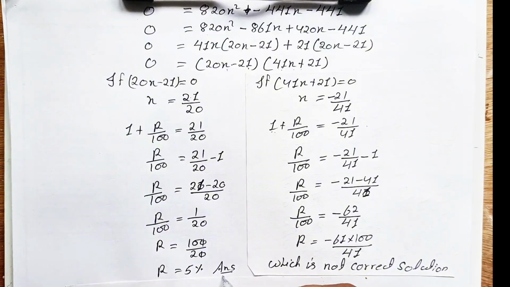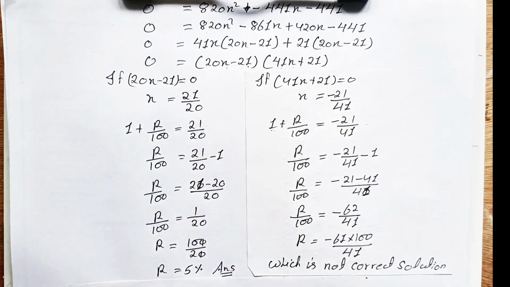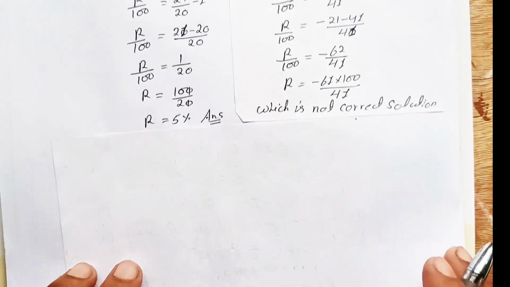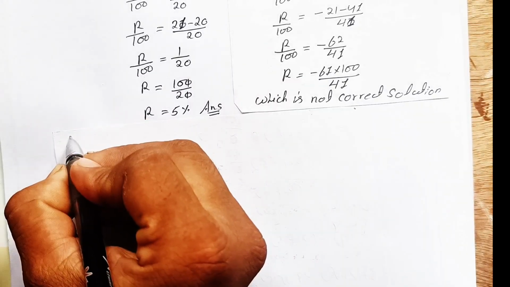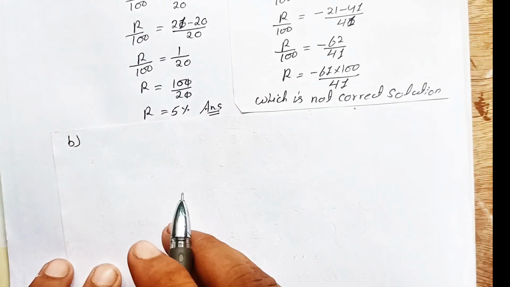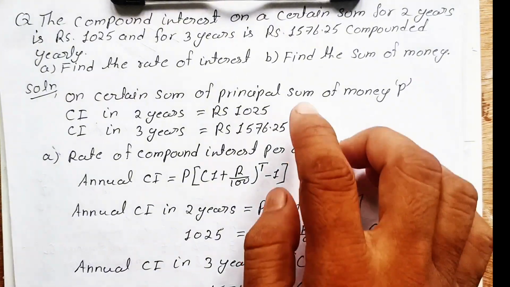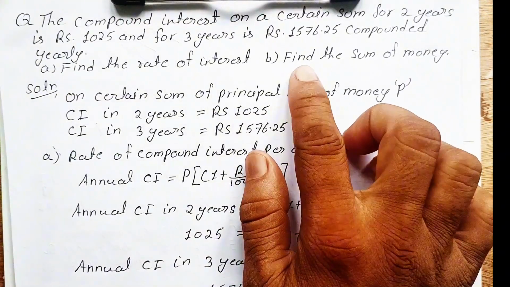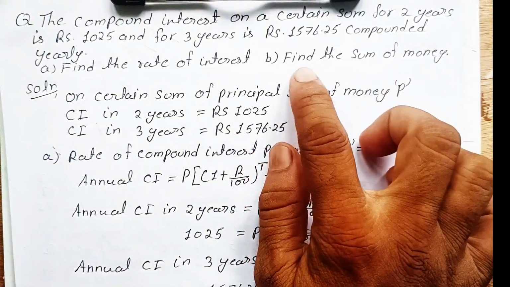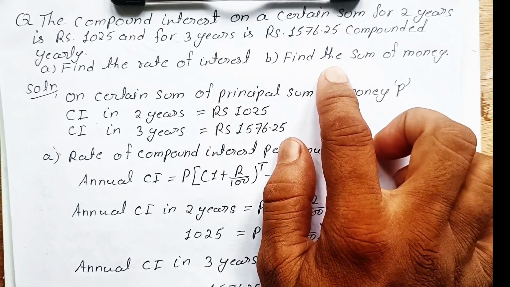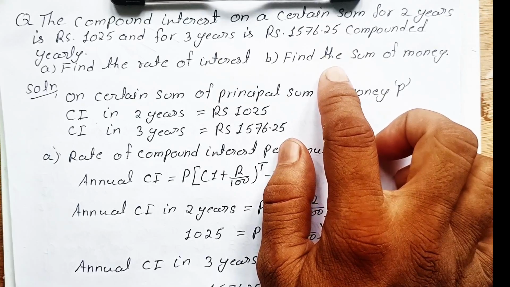And this is the answer for the A part. Now for the B part, what the question is asking is to find the sum of money. So in this section we have to find the principal sum of money.